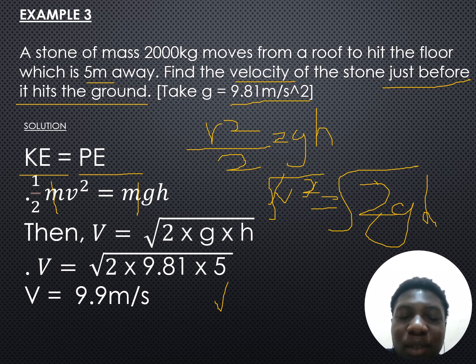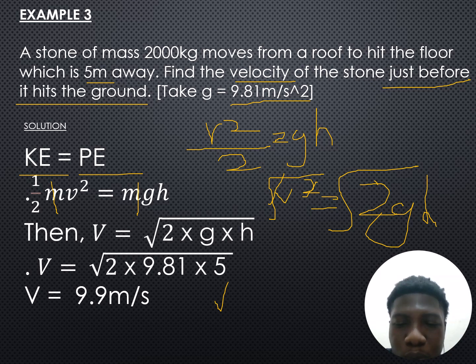You see, there are two ways of doing this. Someone might want to use this and find the mass, and after that come and plug it in here, because potential energy is equal to kinetic energy, then use it to find the velocity. But it's a long method. So we can use this formula and just substitute.